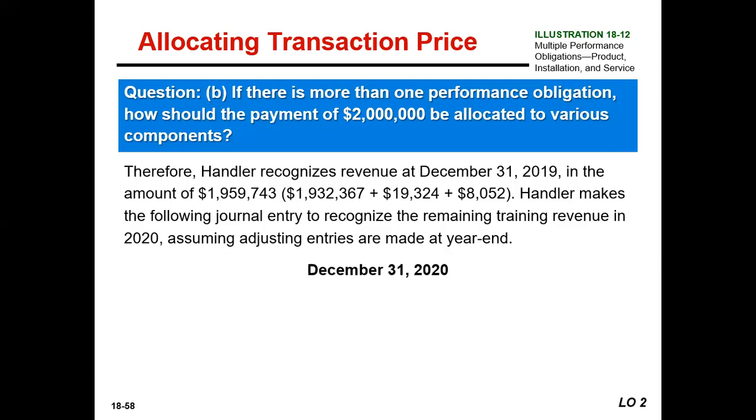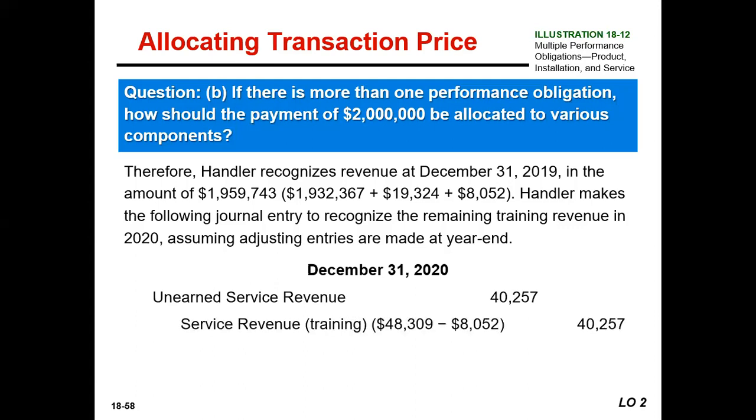And this is just for the training, class. So unearned service revenue, to make it complete, 40,257. From the original unearned of 48,309, we recognize 2 months in 2019. So the balance is for 2020.